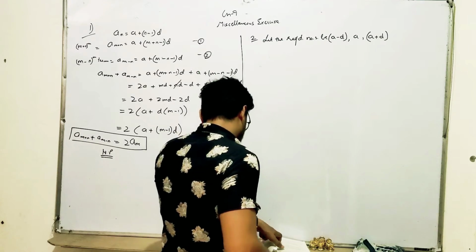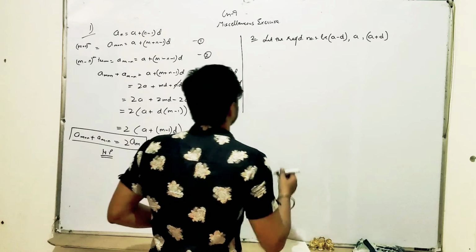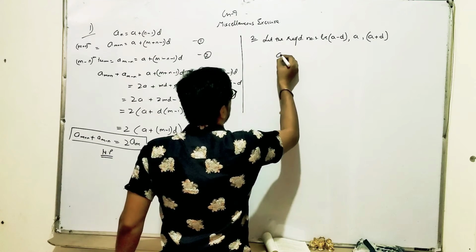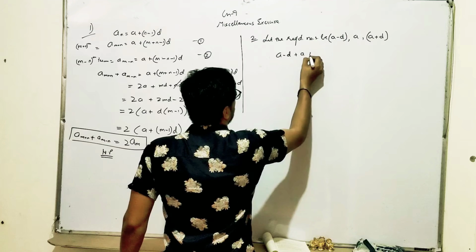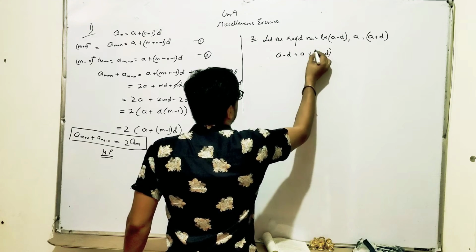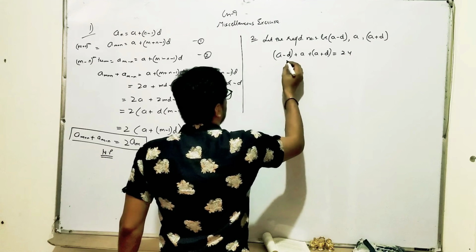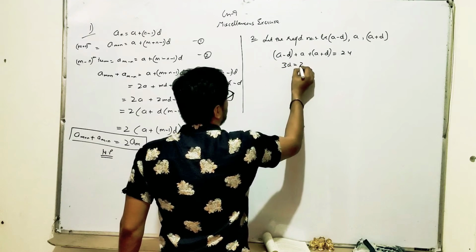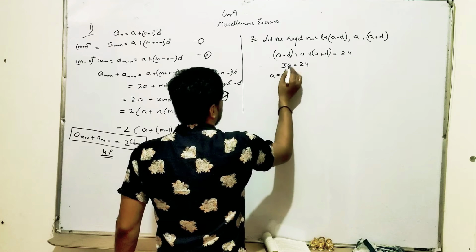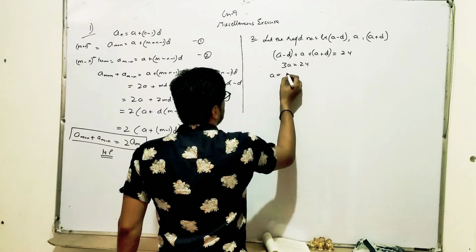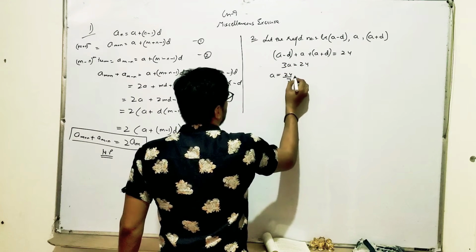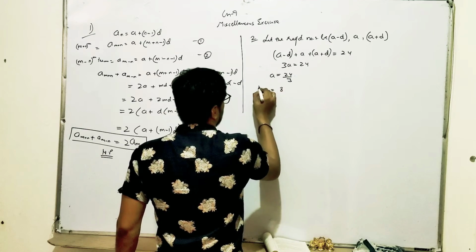So the sum of three numbers in an AP is 24. So a minus d plus a plus a plus d. So d and d cancel, 3a is equal to 24. So a is equal to 24 upon 3. So a is 8, right?